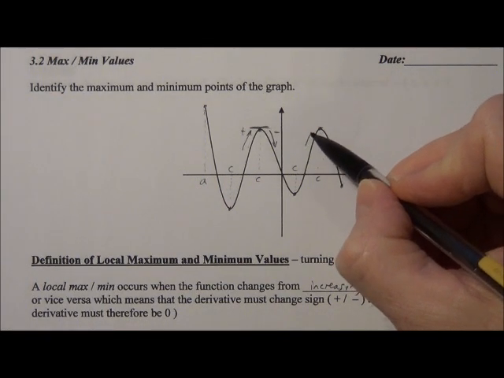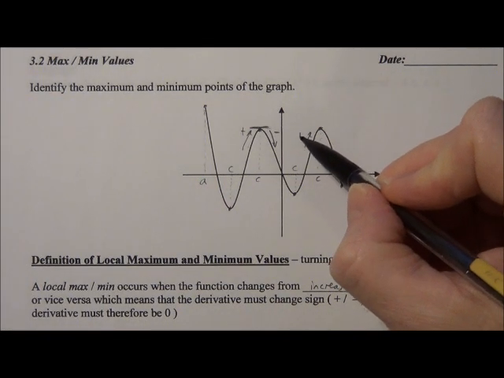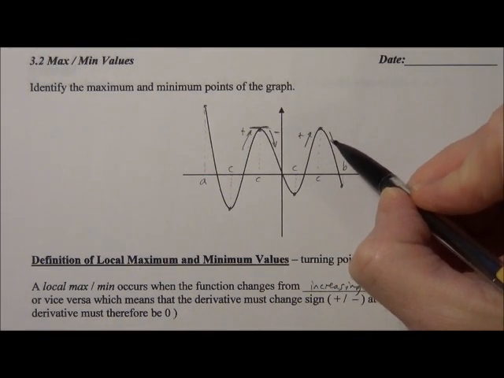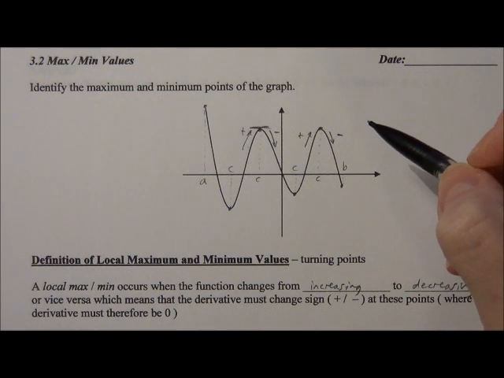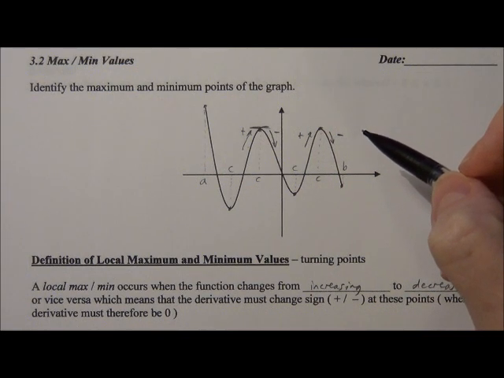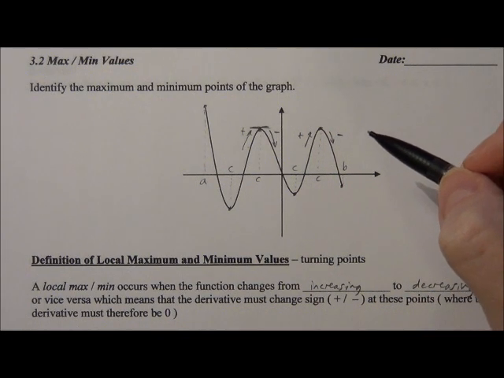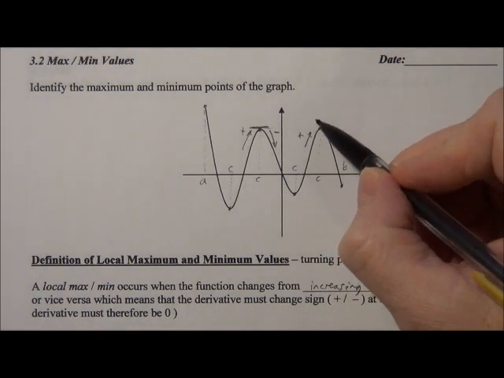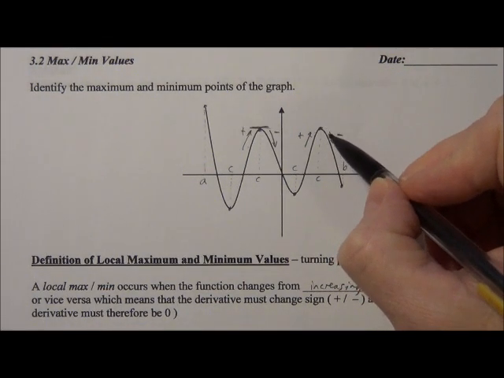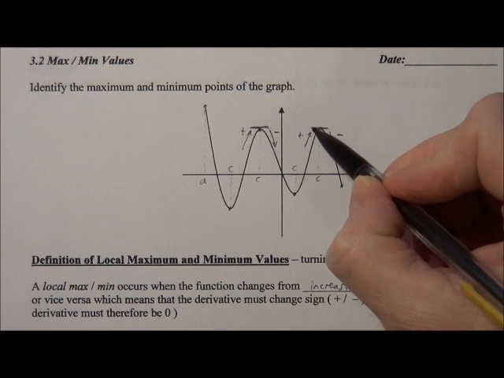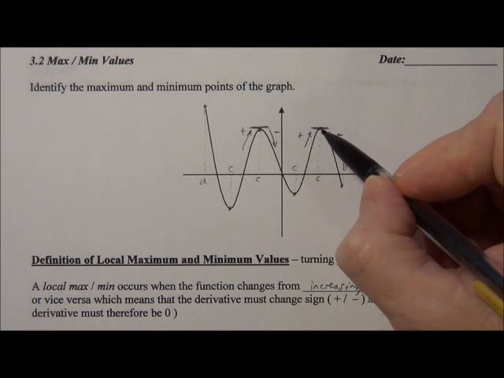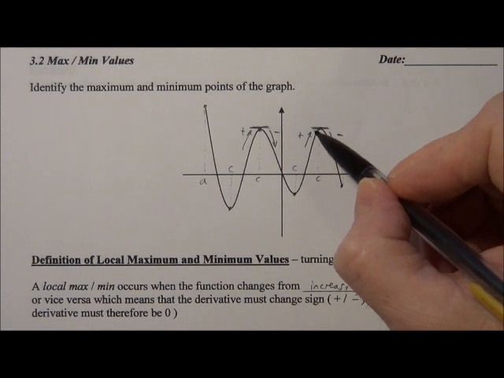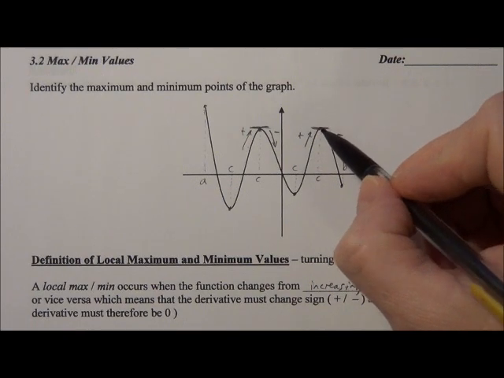The graph is increasing where the derivative is positive, decreasing where the derivative is negative, because the derivative is the instantaneous rate of change, or the slope of the tangent. And so the slope of the tangent here would be positive, the slope of the tangent here would be negative, and right at that maximum the derivative is 0, where the slope is neither positive nor negative.